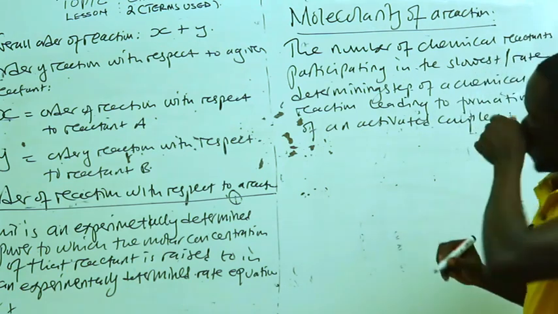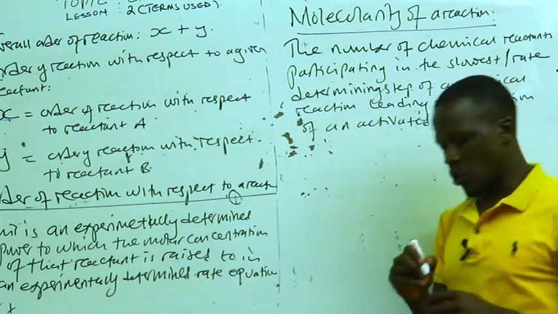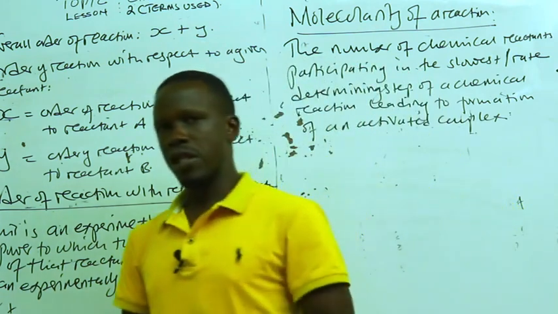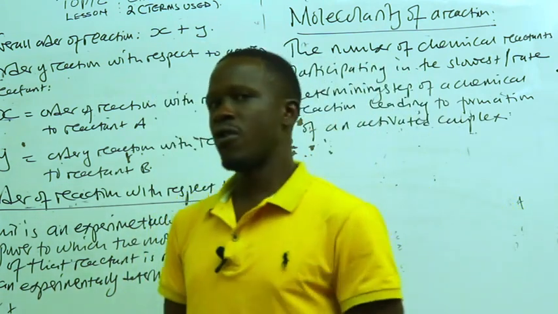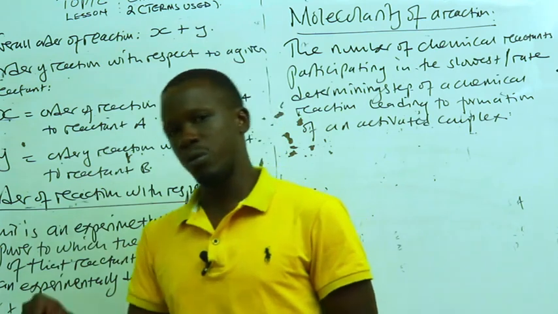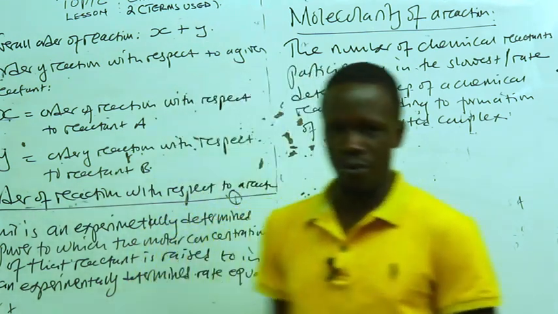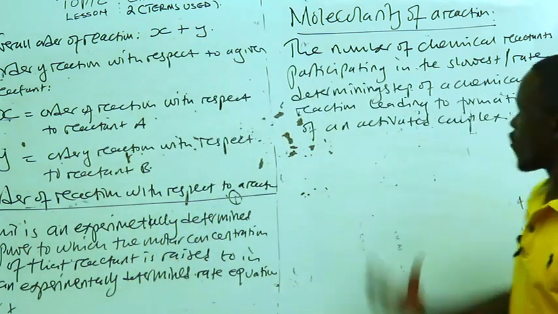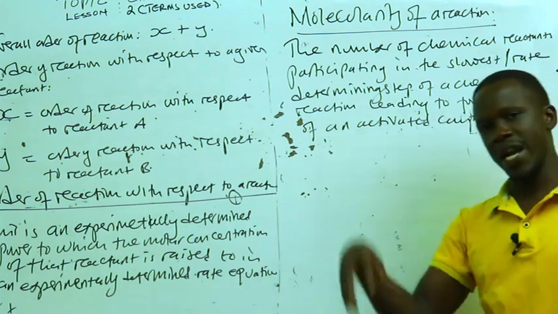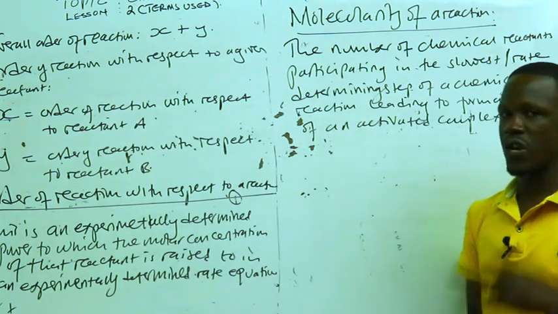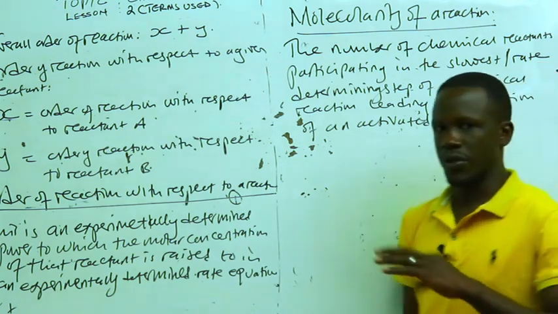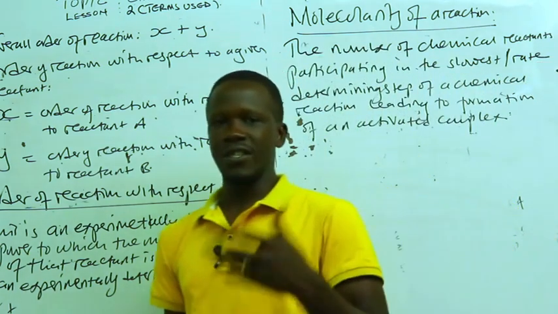Remember, we are saying molecularity is only known theoretically and for reactions whose mechanisms are known. So if we know how to describe a mechanism of a certain reaction, then we know which one is the slowest step and which one is the first step.